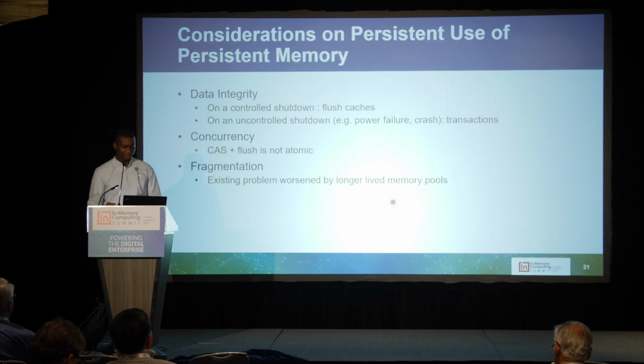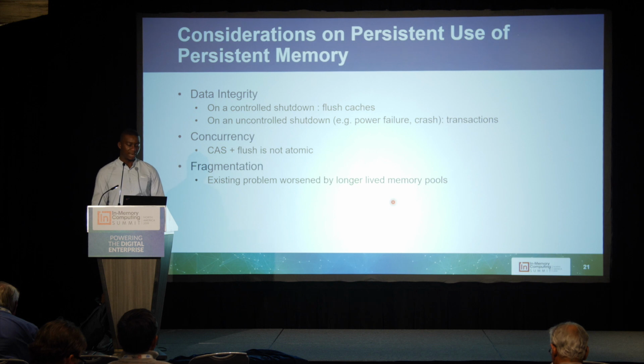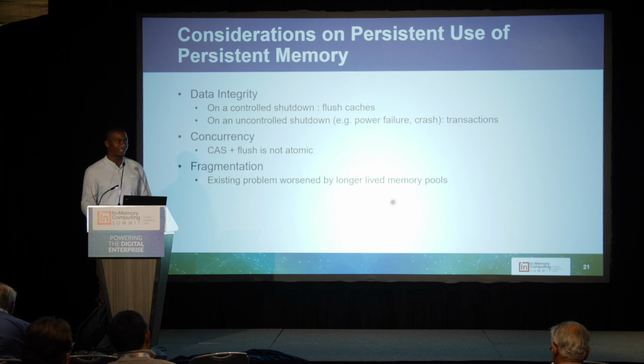And then fragmentation. Fragmentation is a problem that exists today, but it's made worse by longer-lived heaps, or memory pools, if you will. So imagine this: your persistent data store is supposed to live forever and ever.